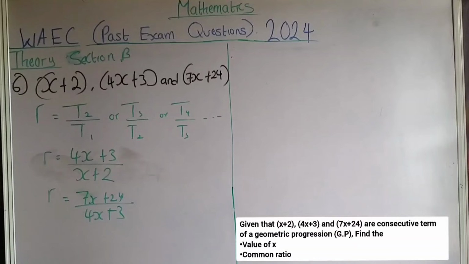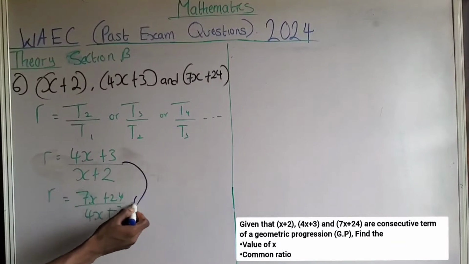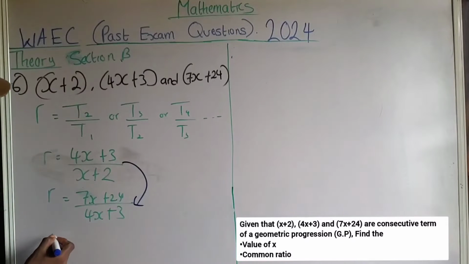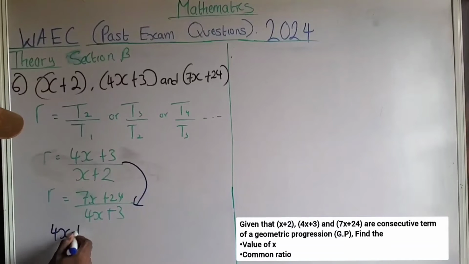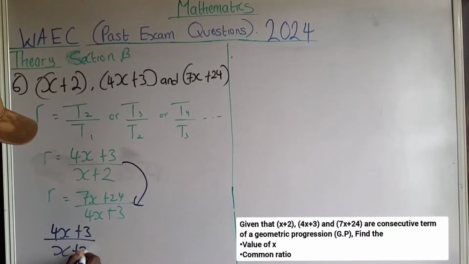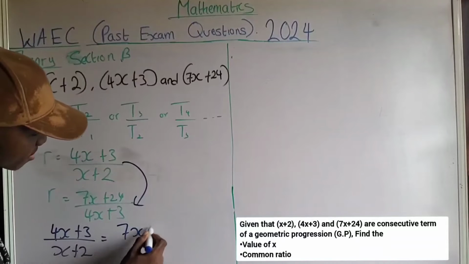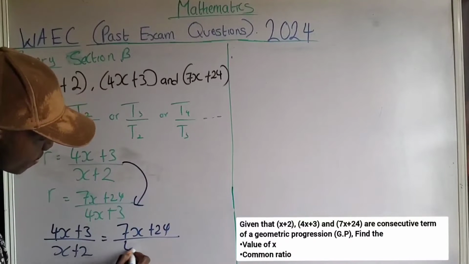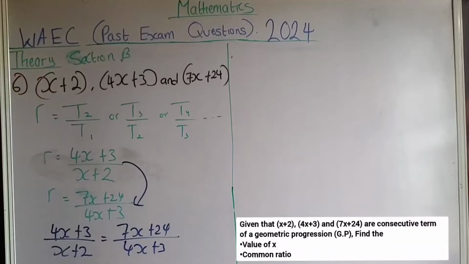Because in a geometric progression, no matter the terms that you use, you are going to obtain the same common ratio, we can set this equal to this. So I'm going to have 4x plus 3 all over x plus 2 equals 7x plus 24 all over 4x plus 3. I'm very sure you understand how I got that. If you didn't understand, maybe you should reverse the video and listen to the explanation again.